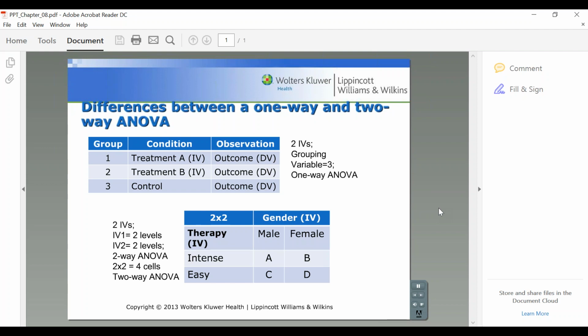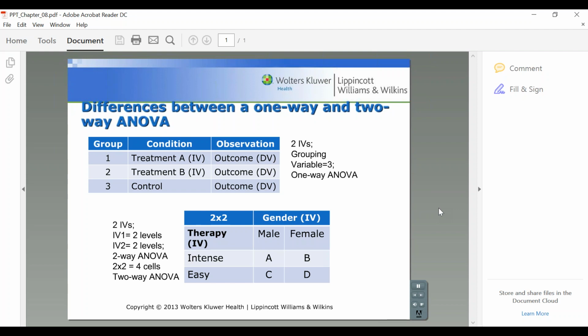So there will be a group of males in the A box who receive intense therapy. And there will be a group of females, indicated as B, getting intense therapy. Then you'll have a group of individuals in the C box who are male and receive only easy, and those in the D box, females, only get easy. And there's no crossover here.